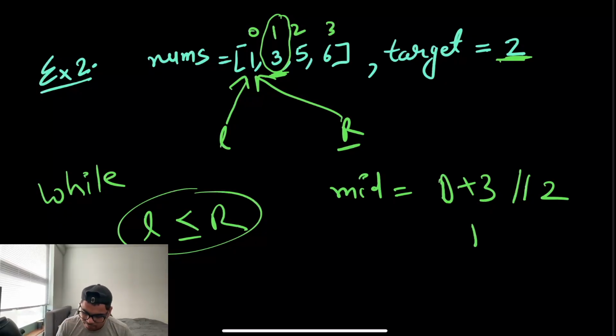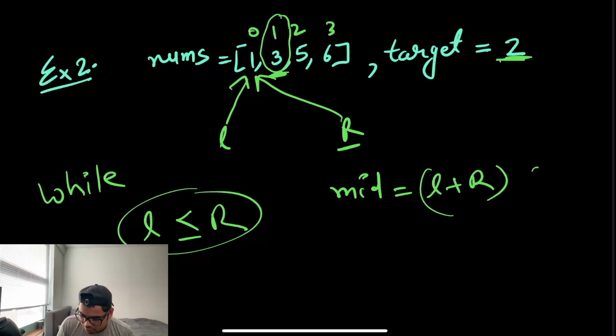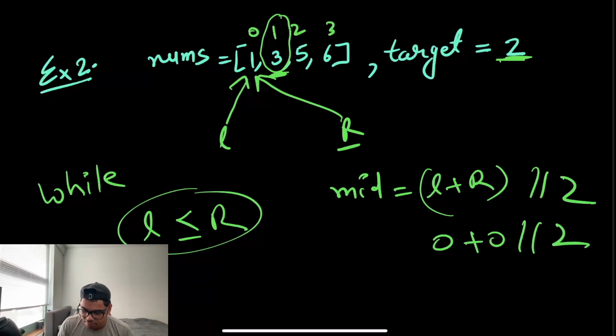That will be basically left plus right divided by 2, which in this case is 0 plus 0 divided by 2. That would be 0 itself. Is 2 equal to 1? No, in this case it is not.